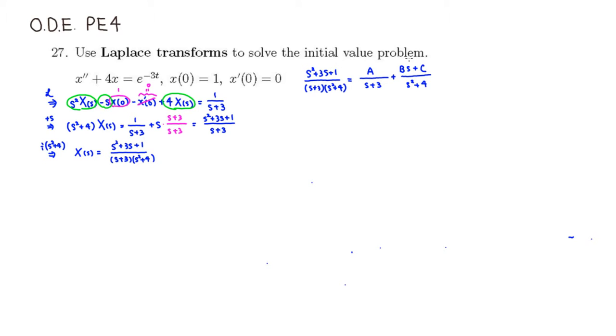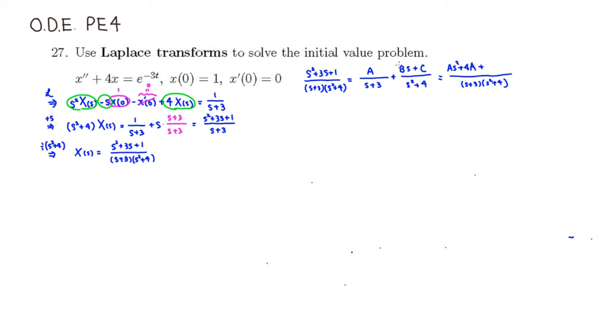Alright, then I'm going to put them back together. So of course you get the same denominator as before. You multiply a by s squared plus 4, so you get a s squared plus 4a, plus I'm going to multiply bs plus c by s plus 3.